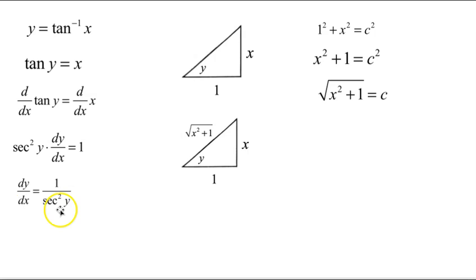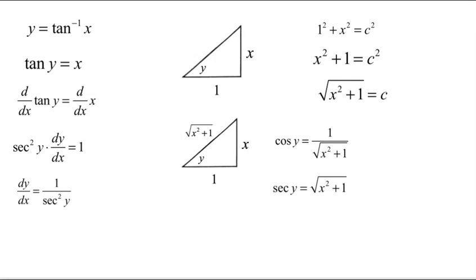Now, again, I want to get secant squared y, so I need secant y, but let's first start with cosine, because secant is the reciprocal of cosine. So cosine is adjacent over hypotenuse. Cosine is 1 over the square root of x squared plus 1. Secant is the reciprocal, so secant of y would be root x squared plus 1.